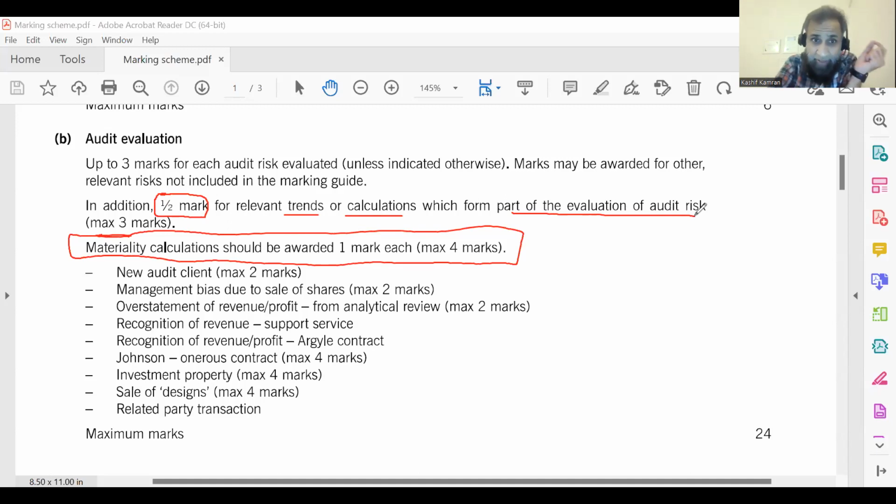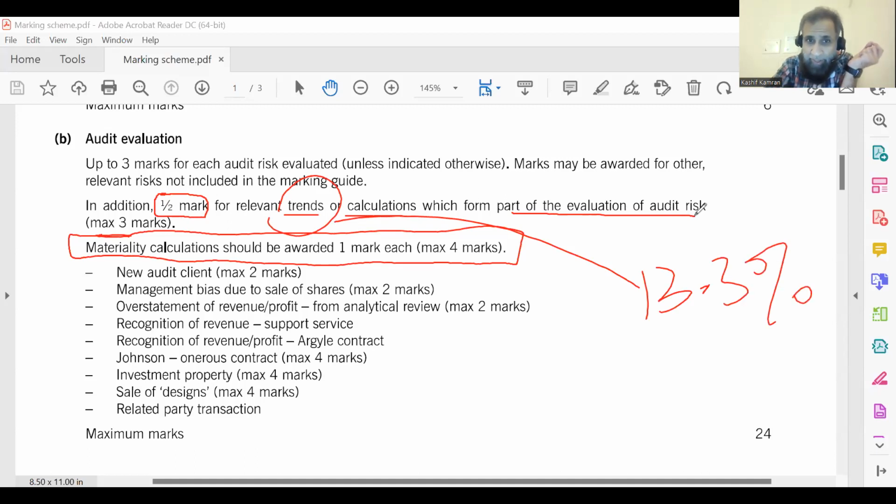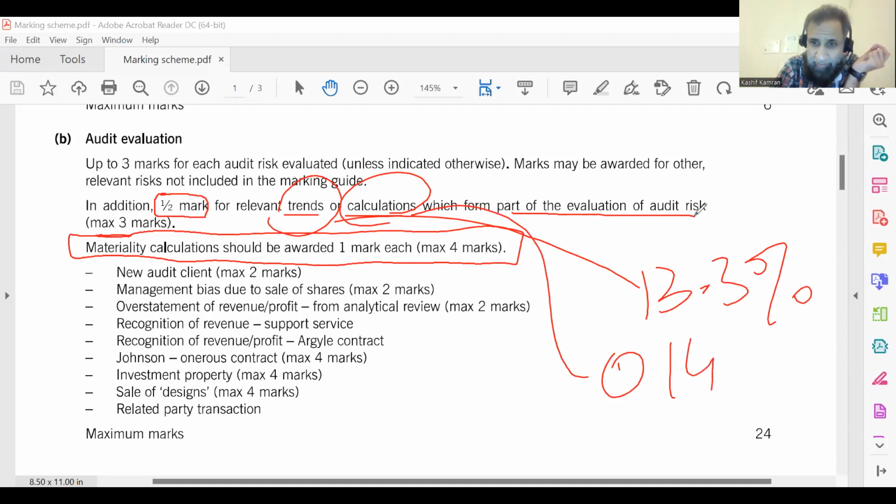Did I find a calculation like 0.14 million, which was the loss? So every time you do a calculation or you do a trend, you will get an extra half a mark. But how many extra half marks can you get? To a maximum of 3.